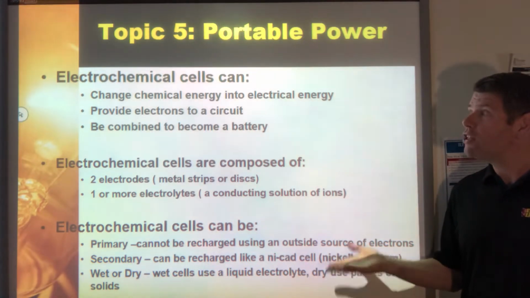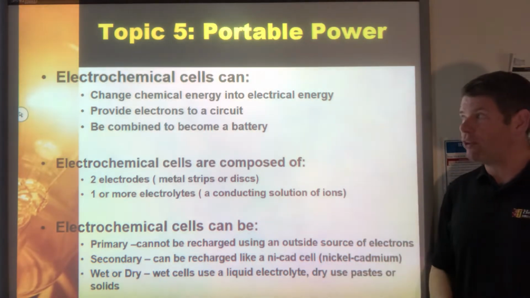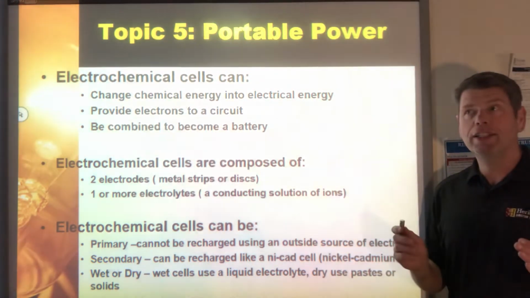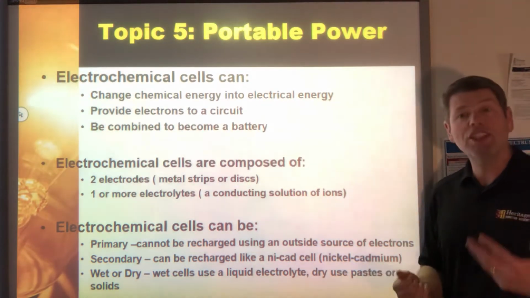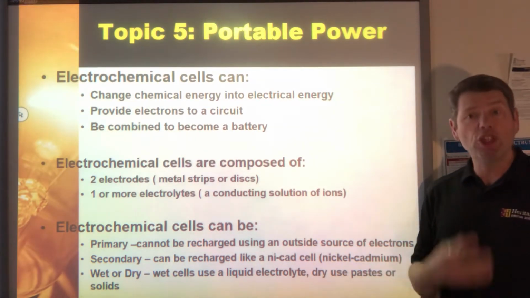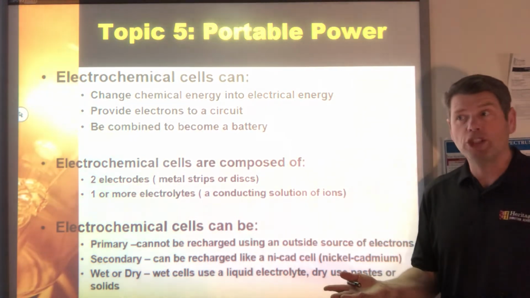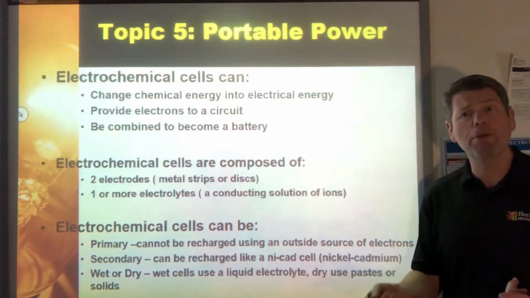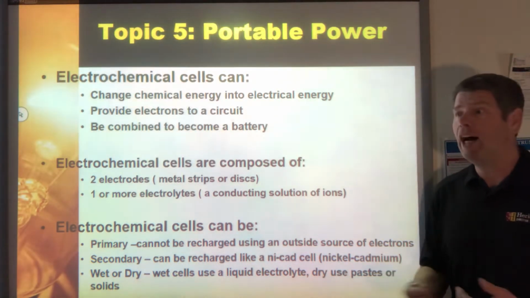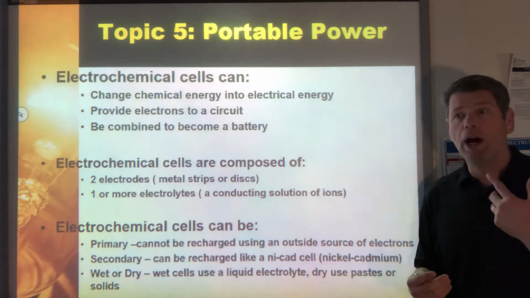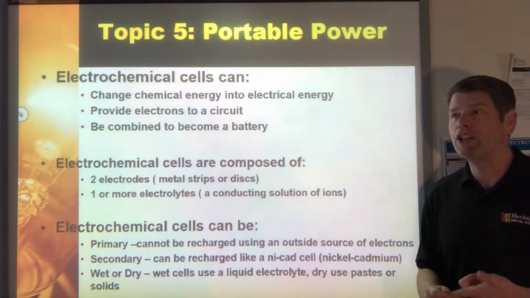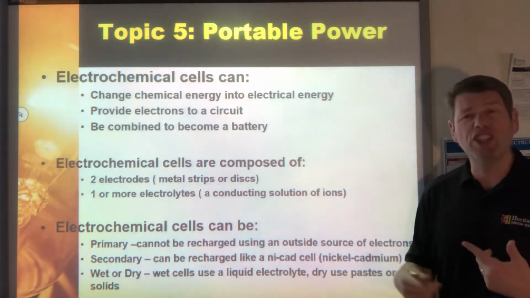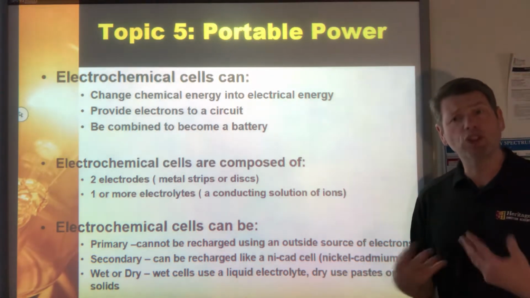Electrochemical cells are devices that can change one form of energy into a different form of energy, which we ended off topic 4 talking about. We could use solar power, or mechanical energy, the energy of motion, to make electricity.